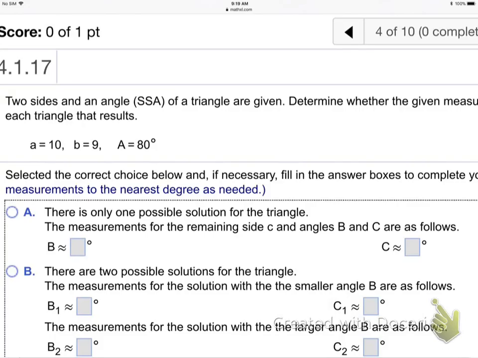Okay, so first off, let's draw the picture that they're giving us here. Go ahead, let me let you do that. Draw the triangle they're speaking of, and take a look at it.